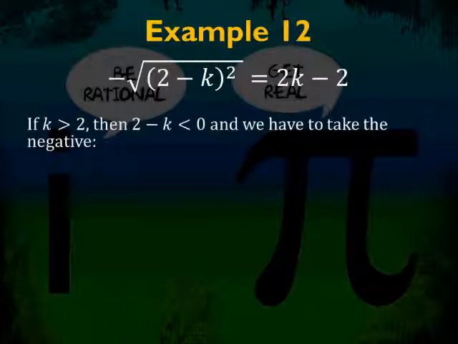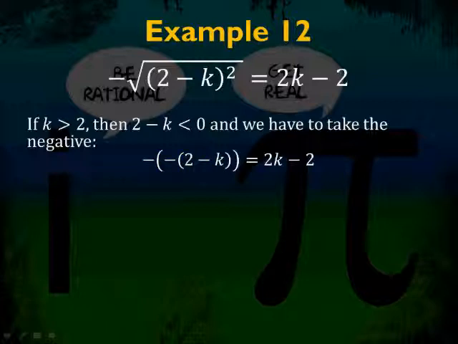Now we have to consider what happens if the quantity in the absolute value is negative. So if k is greater than 2, then 2 minus k is less than 0, and we have to take the negative. So you get negative, which is the original negative sign, times a negative 2 minus k is equal to 2k minus 2. All I did was negate what was in the absolute value, because remember, this value is negative. The absolute value is the negative of that negative.